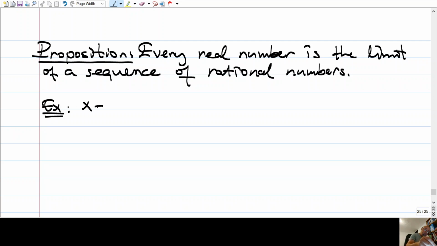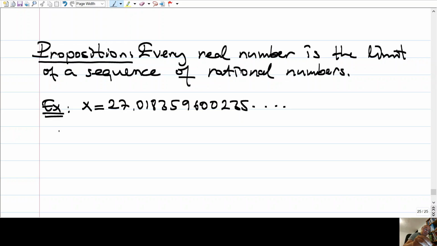Say our real number is like this: 27.018359600 and so on. It's a real number. How can I find a sequence of rational numbers converging to this?